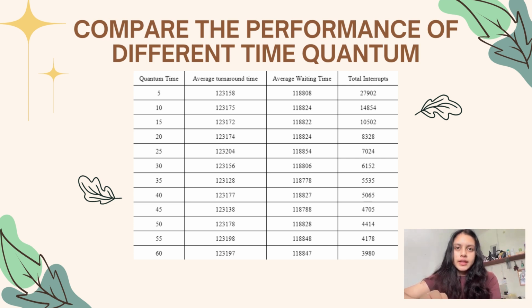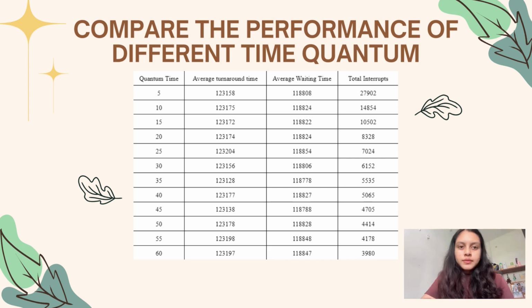So in this specific case, the quantum time of 35 seems to be a good balance between turnaround time, waiting time, and overhead. It has the lowest average turnaround time, which is 123,128, and a moderate number of interrupts, which is 5,535, and the waiting time is also relatively low, which is 118,778 compared to other time quantum values.